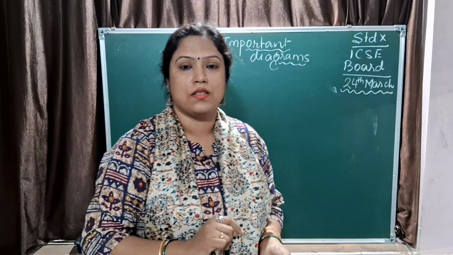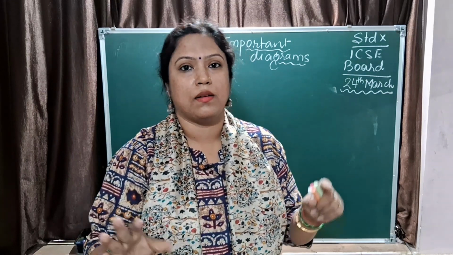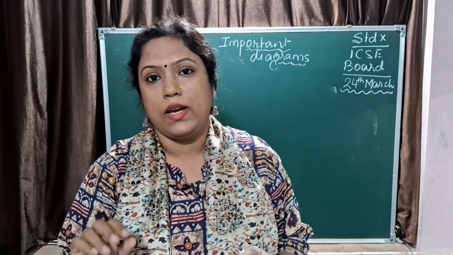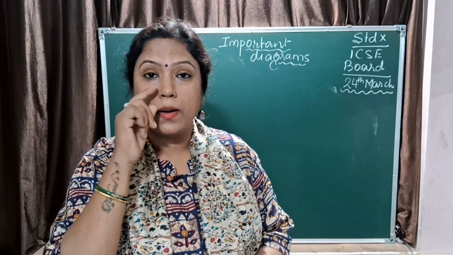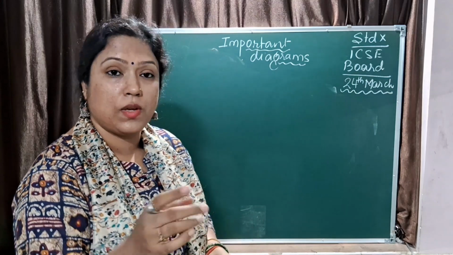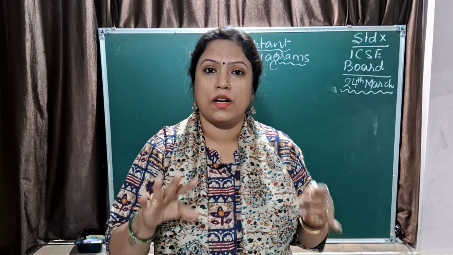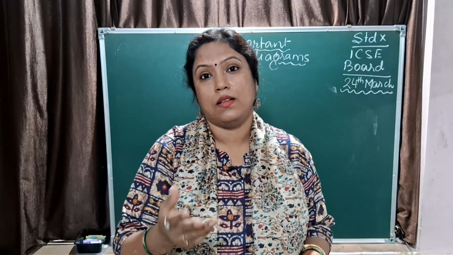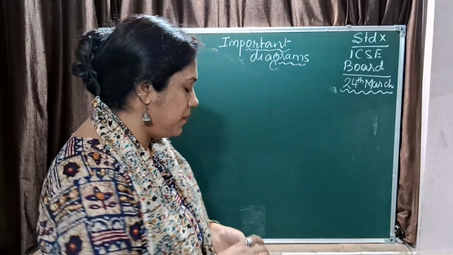Chapter 8, circulatory system. Do not panic that a hard diagram can come to draw. It is generally in a diagram based question. Yes, you can draw a flow chart, that can be asked, because here what are the important things? All the blood vessels, all the valves, the different chambers of the heart, and the portal system, right?